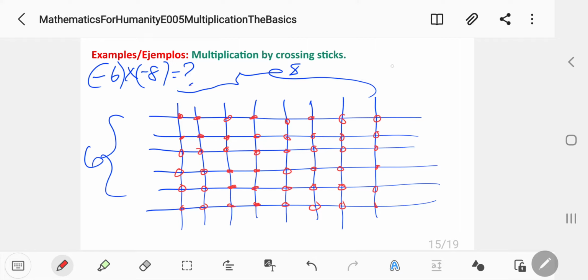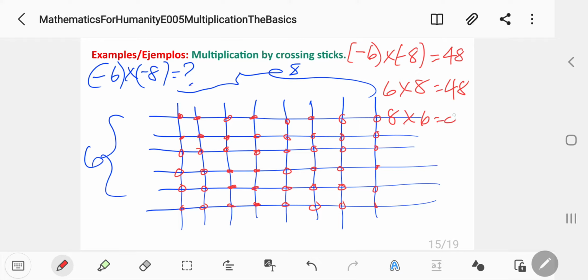So, since you are multiplying two negative numbers, negative 6 times negative 8 is equal to 48. A positive number. So this is also equal to 6 times 8 equals 48. Or 8 times 6 is equal to 48.